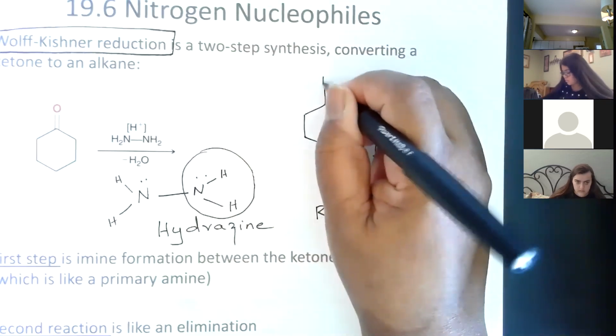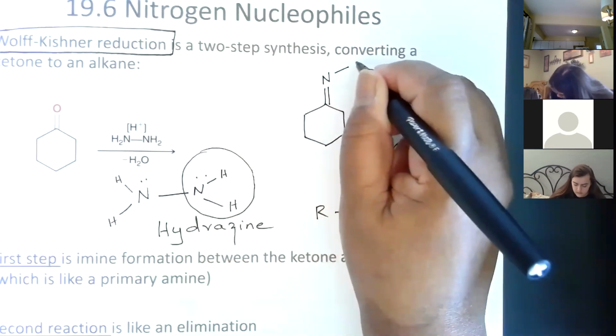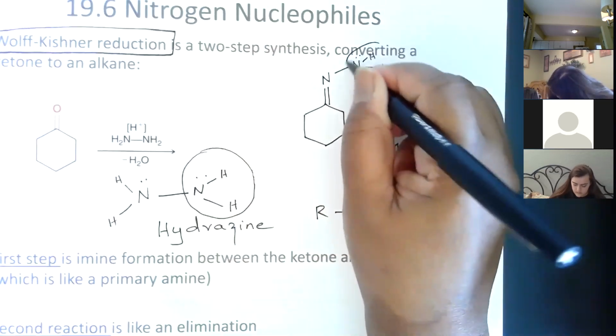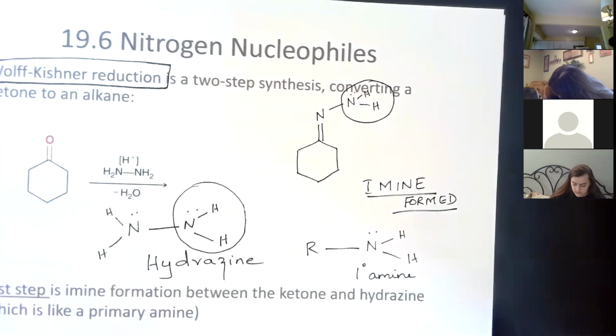There's a double bond. It's like a primary amine. This is your R group. See that? That's the imine that you get with hydrazine.